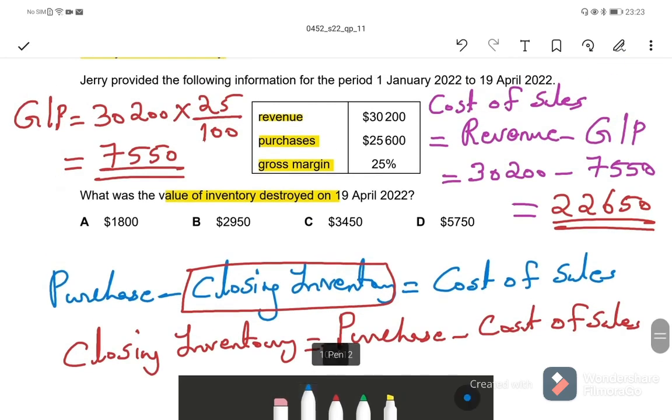Purchase is given in the question, 25,600.